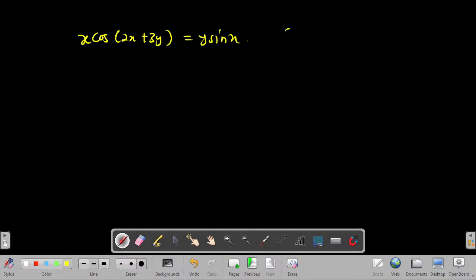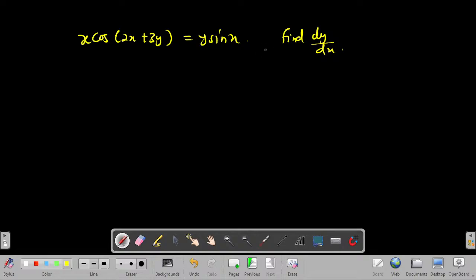Find dy over dx. For this, realize that we simply do the implicit approach. So what is implicit differentiation?